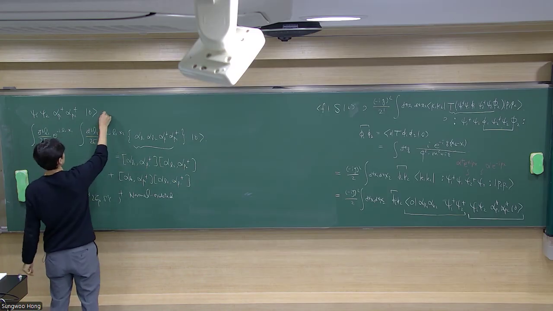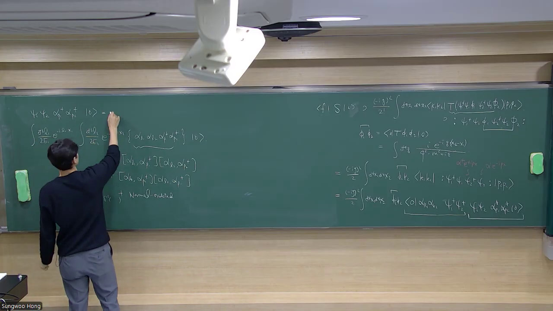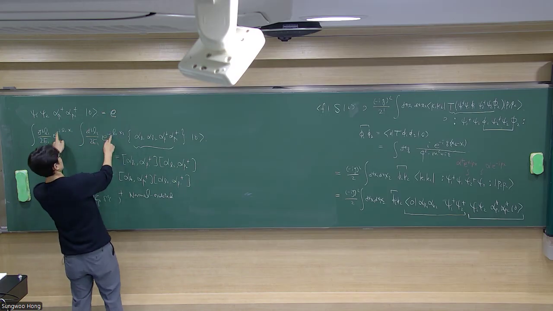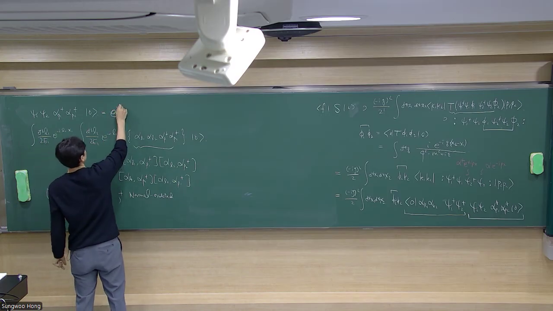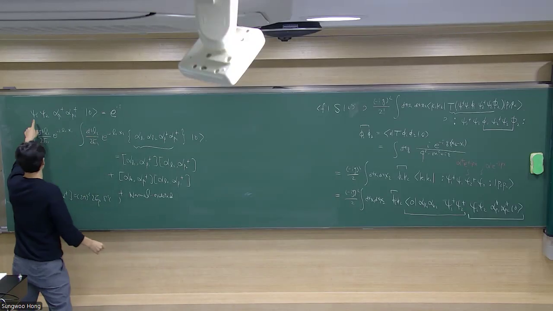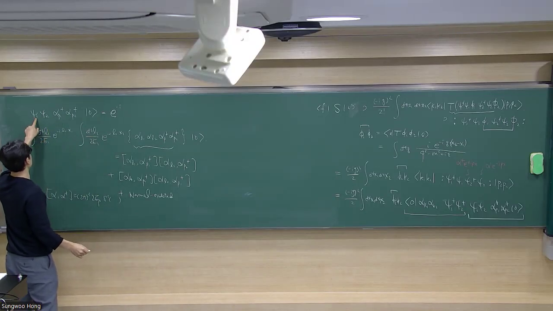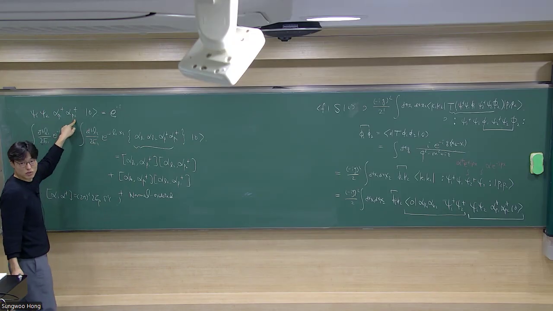Okay? So in fact, you can show that this is nothing but e to the minus i, because in this case, if I pair up that way, I'm picking up x1 with p1, x2 with p2. That's what this is doing.